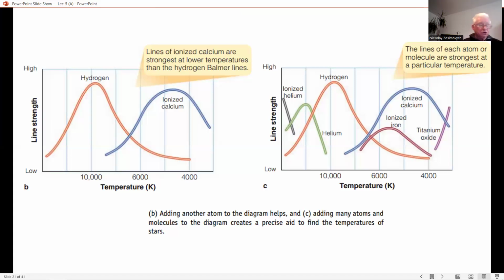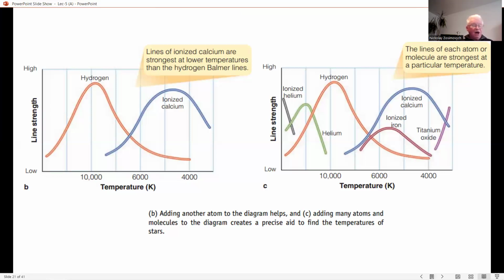Now you can determine a star's temperature by comparing the strength of its spectral lines with your graphs. For instance, if you recorded the spectrum of a star and found medium strength Balmer lines and strong helium lines, you could conclude that it had a temperature of about 20,000 Kelvin.